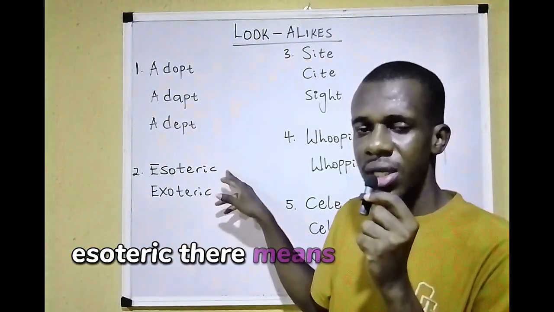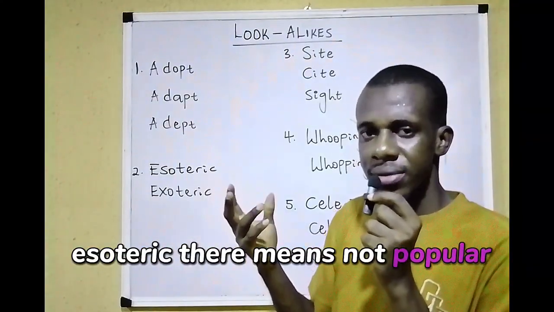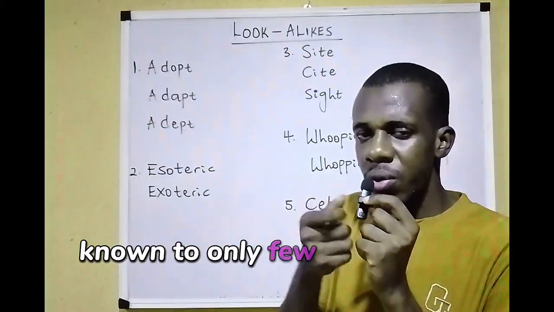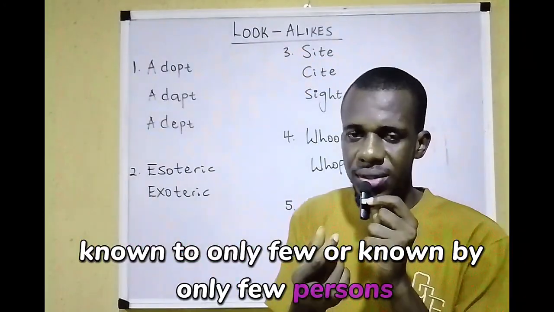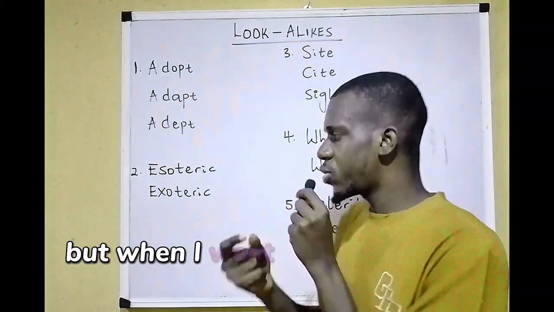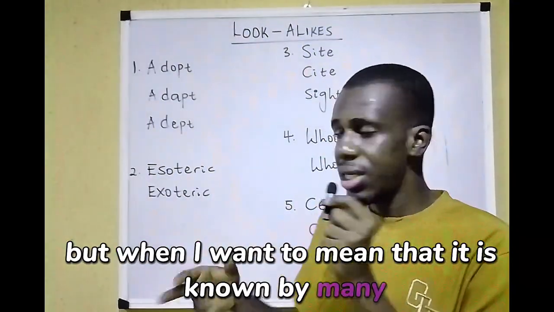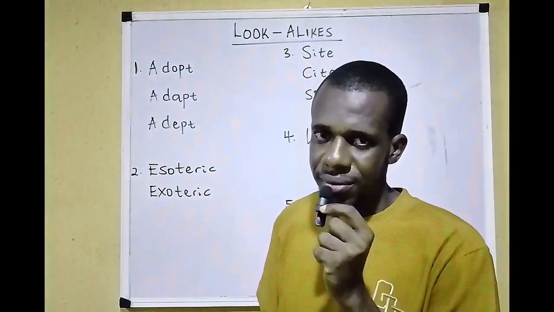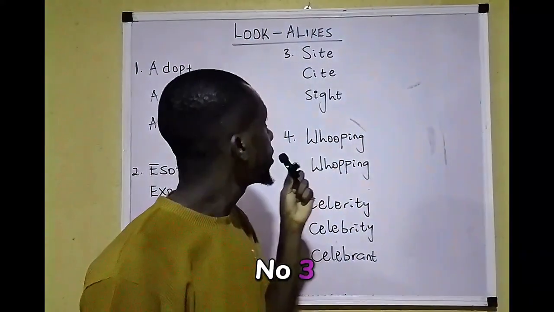Esoteric there means not popular. They are secret, known by only few persons. But when I want to mean that it is known by many, I then make use of the word exoteric.